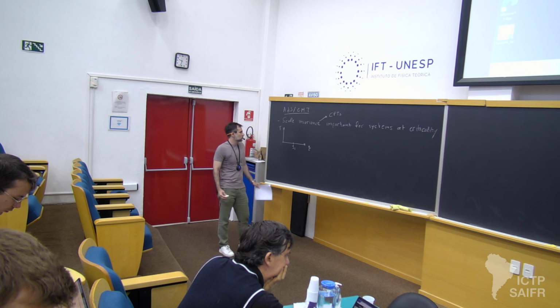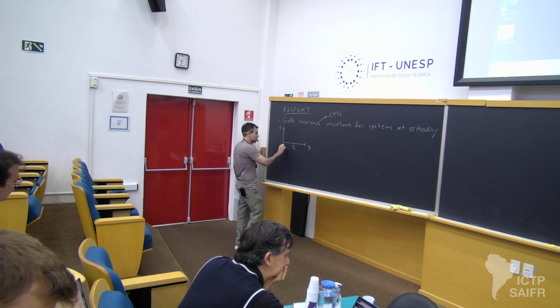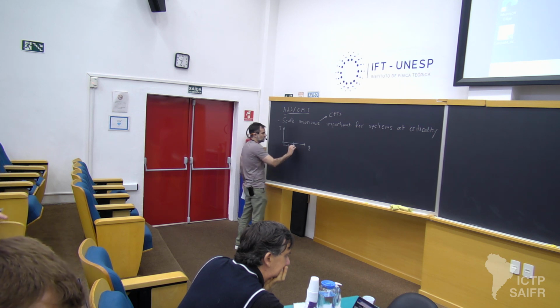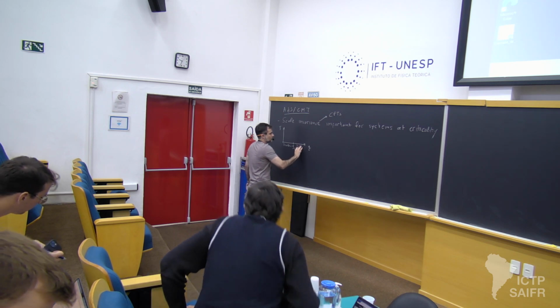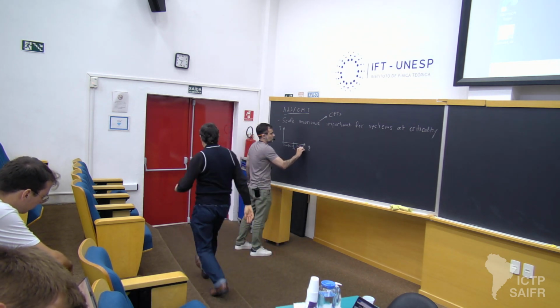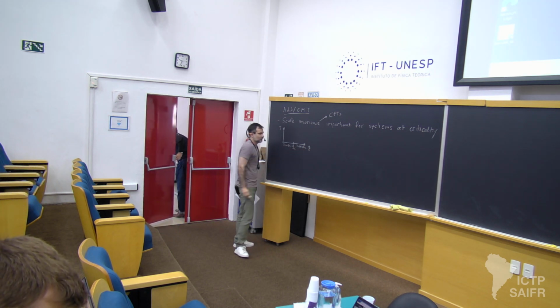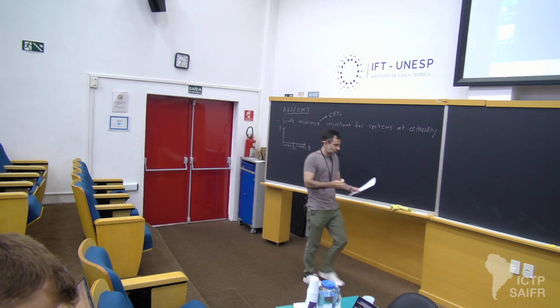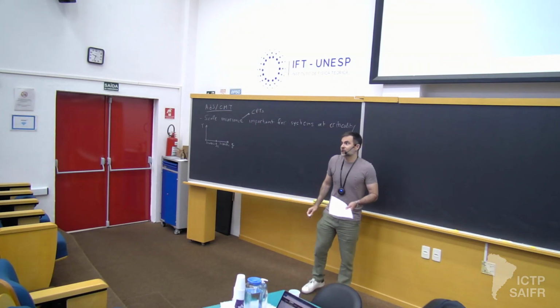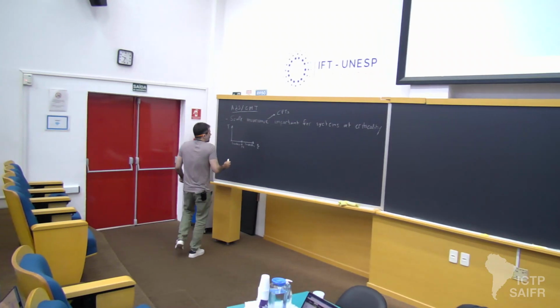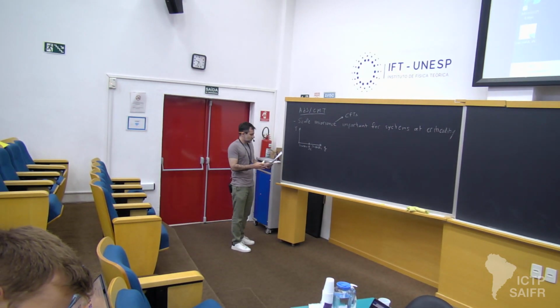For example, you could have a system which is an insulator for small coupling, and these systems usually become superconductors or superfluids as you increase the value of this coupling. So exactly at this critical value, the system exhibits scale invariance. And I will tell you more precisely what I mean by that.